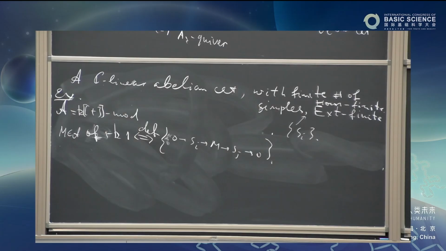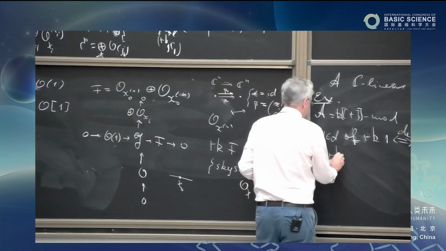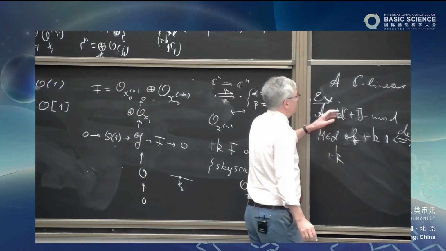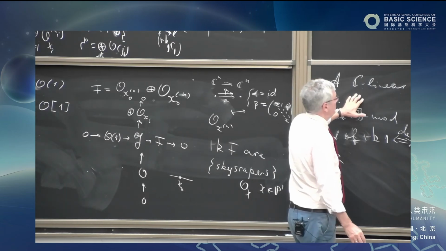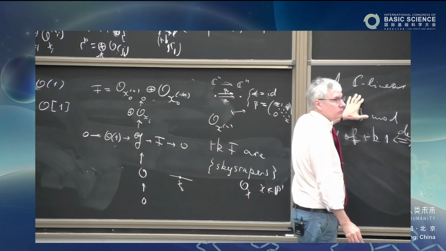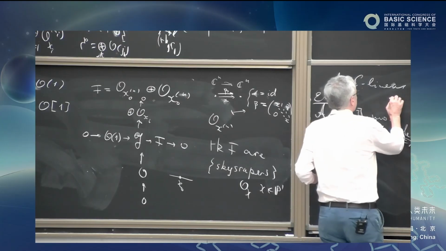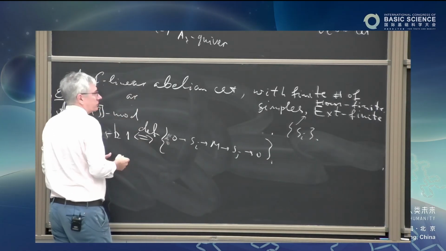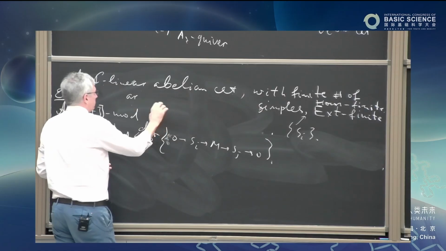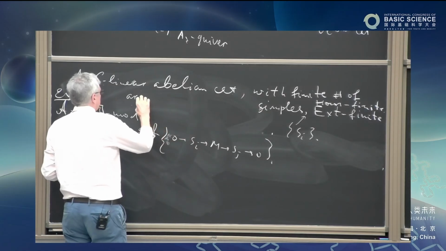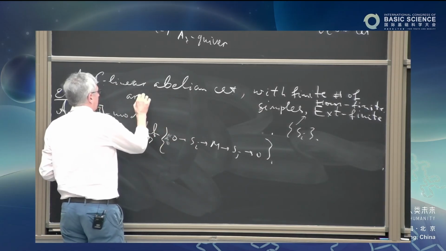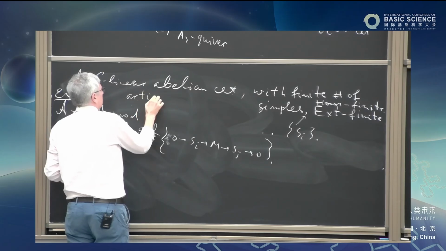And then we can define the rank of an arbitrary object. I must say that it should be Artinian and Noetherian, meaning every object has a finite filtration by simple objects, with simple factors.